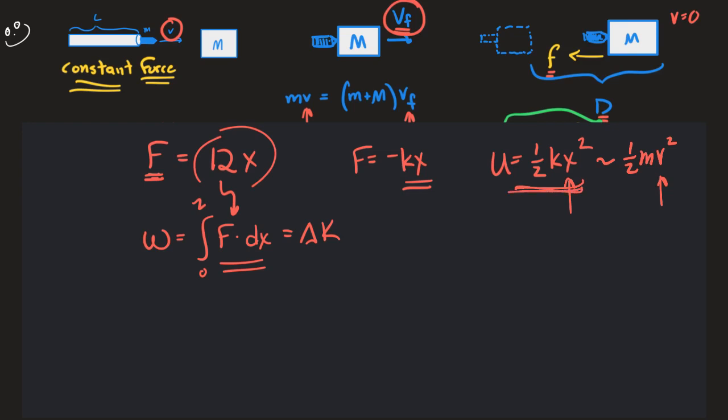Now you'd get that if you integrate it. If you go over here and integrate, you'll get the 1/2 times F times x squared times x. And then you can drop your 12x in there and get 1/2 times 12x times x. So you'll get the 6x squared. So you can do the math part, but they don't want the math part, they want the result of the math part.